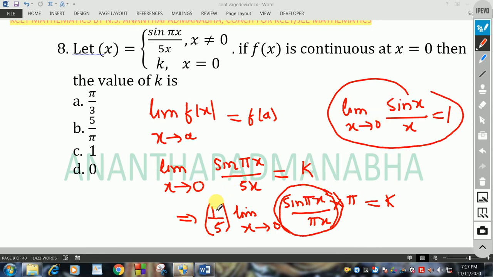So now I have pi by 5. As this becomes 1, when we apply the limit, we get k is equal to pi by 5.